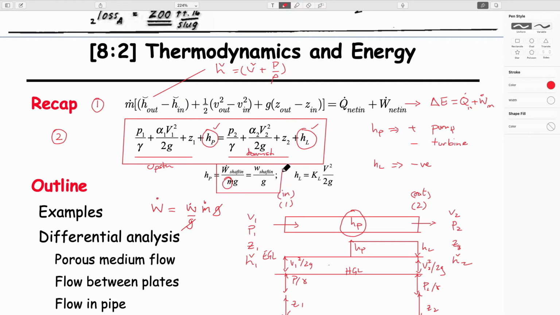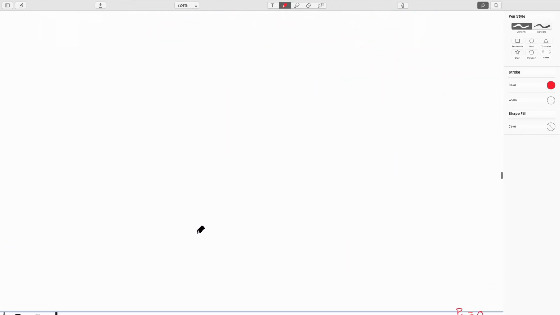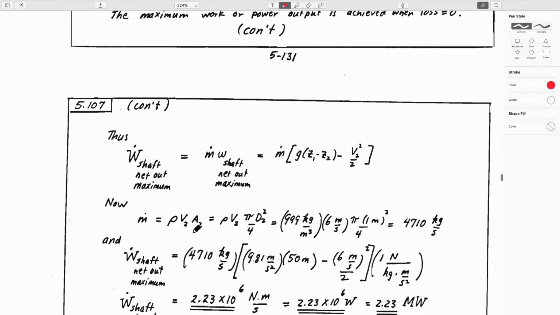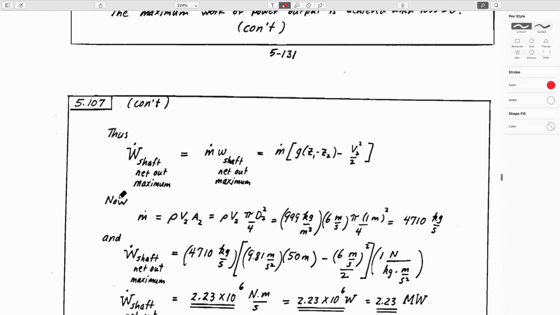So just multiply top and bottom by mass flow rate times g. You get rid of this g and you get mass flow rate on the top. That's the conversion needed here, because they're asking for the power, and power is uppercase W, and you just multiply both sides through by mass flow rate. That's all we do, and so that's equal to this.